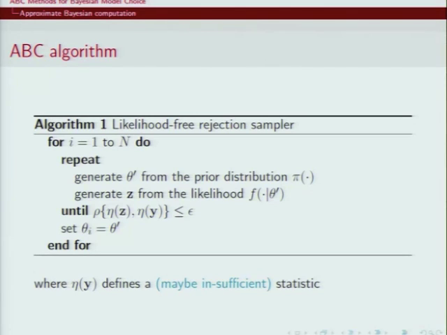And in most cases, eta is not a sufficient statistic, and therefore we have another degradation of the information contained in the data because we throw away some part of the information. The reason for using summary statistics of smaller dimensions than the data is that waiting for the whole data to be close to the pseudodata is usually impossible.